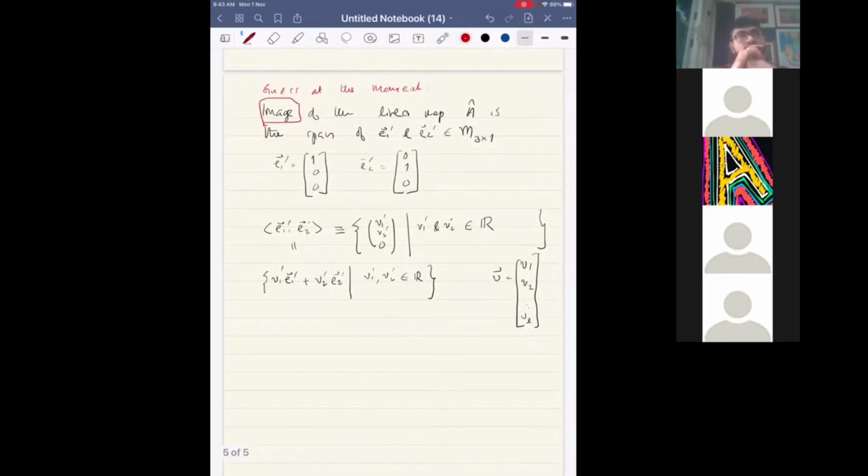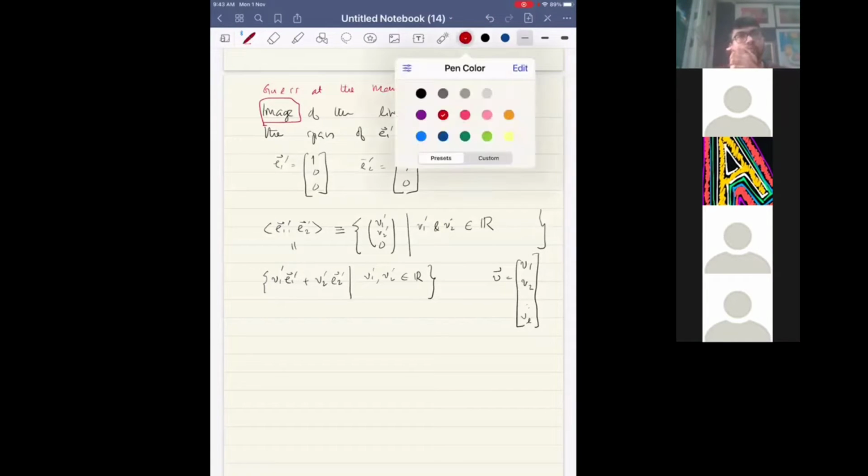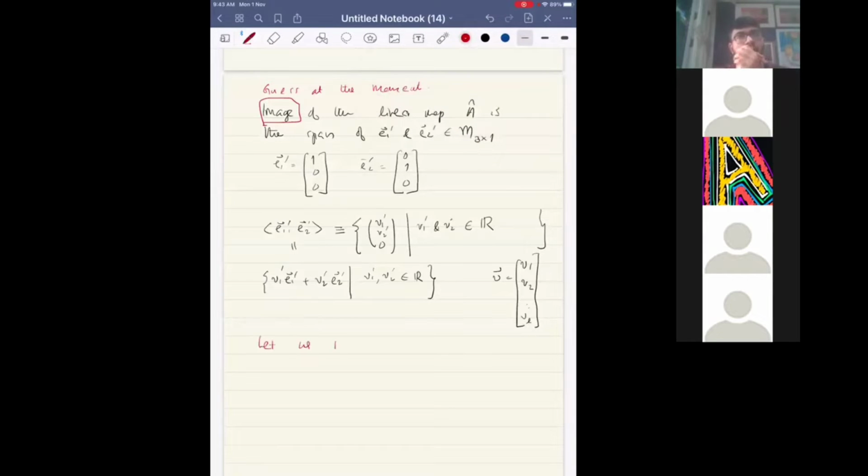Let us prove this. Let us justify the guess. I think there is a word that mathematicians use for a guess: conjecture. So let me call this a conjecture, because it's a good guess.